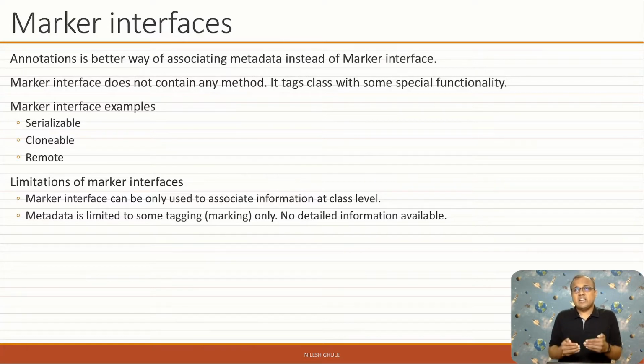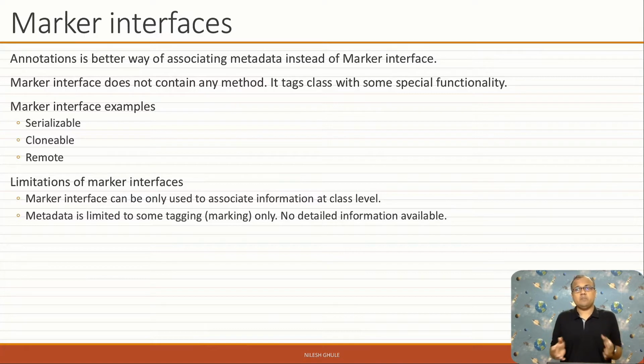If a class is inherited from the Serializable interface, then and only then that class can be serialized using ObjectOutputStream's writeObject method. However, if that class is not inherited, the writeObject method throws an exception.